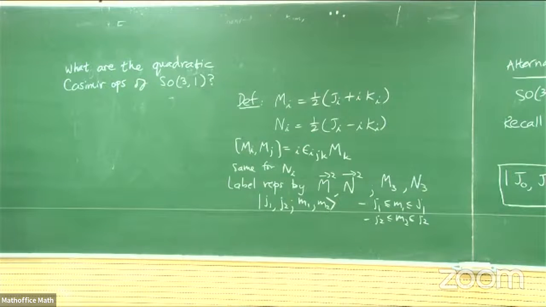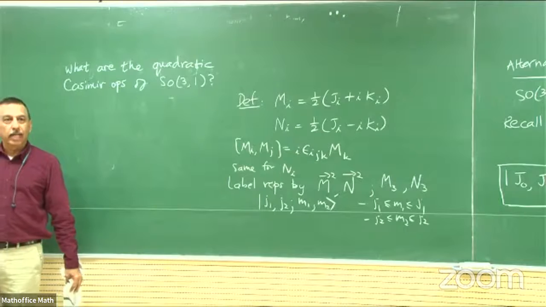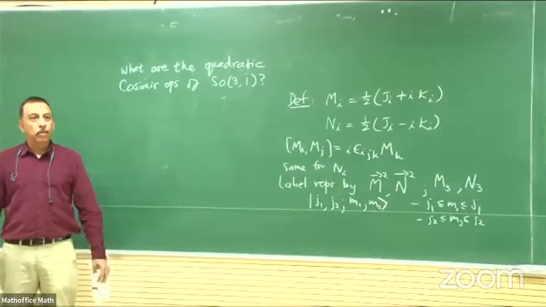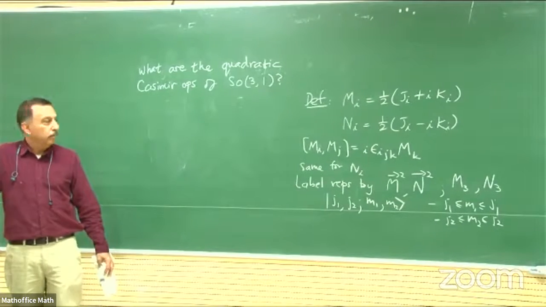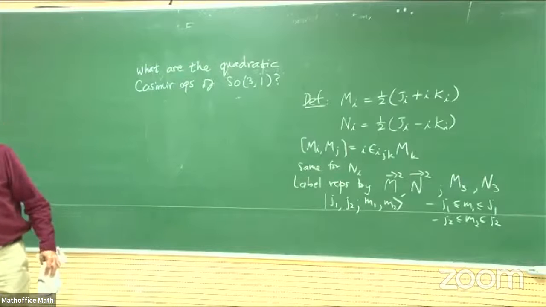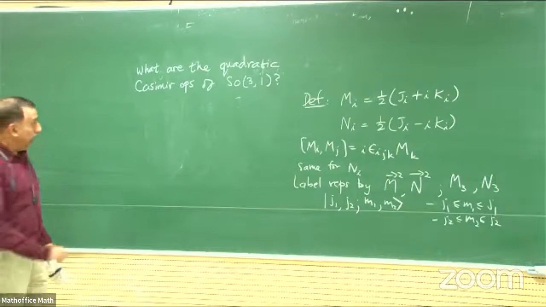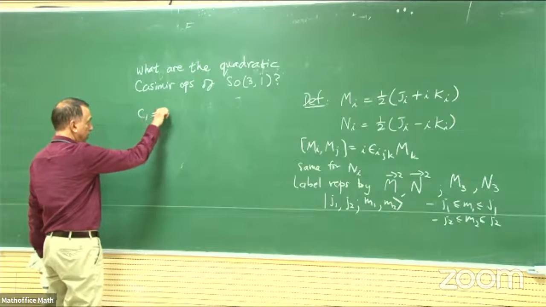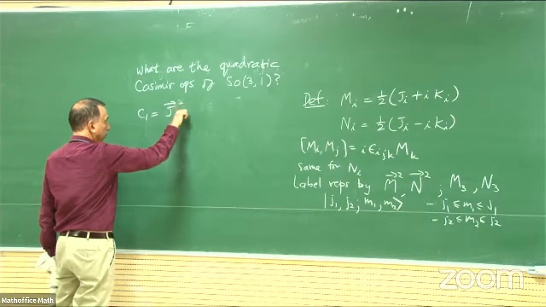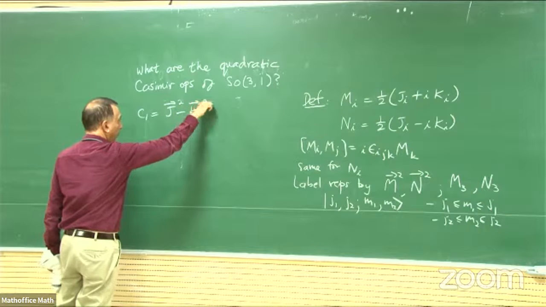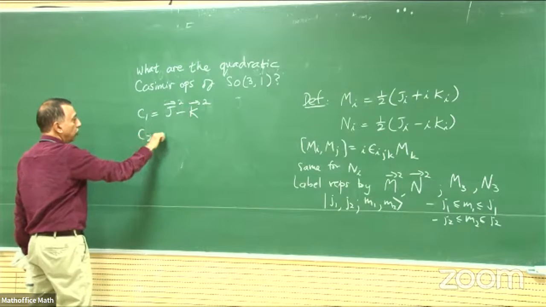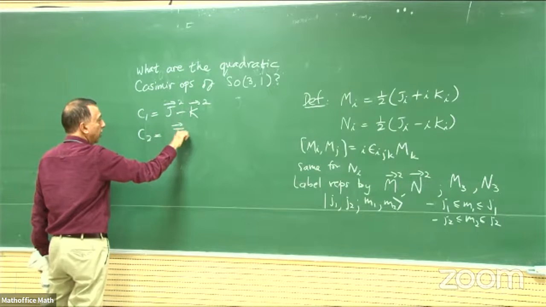It's a maximal set of operators which are quadratic in the generators of the algebra and which commute with the whole algebra. And in the J and K form, which I just erased, it's easy to check that C1 equals J squared minus K squared, and C2 equals J dot K.